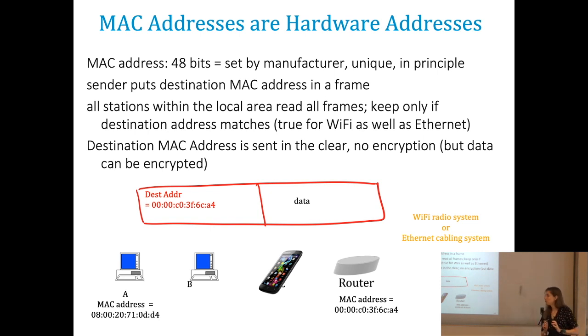So this is the simple way. Maybe the messages will be encrypted if you think about secure communication, but this is how it works. If you're at home and you have several devices that work with the same Wi-Fi station, in principle, when you try to access the internet, the request will be sent to everyone in the LAN, and only the gateway will process the information and send it along.